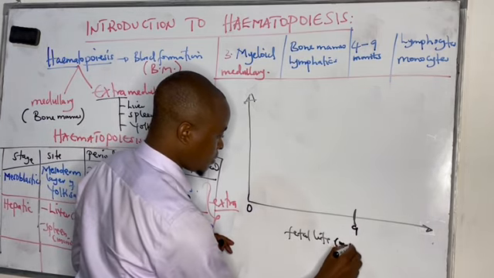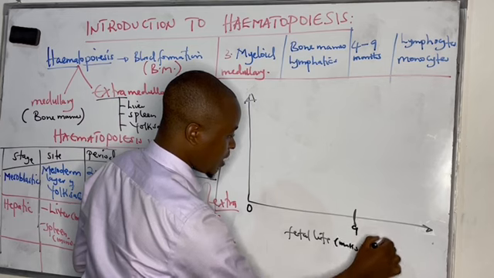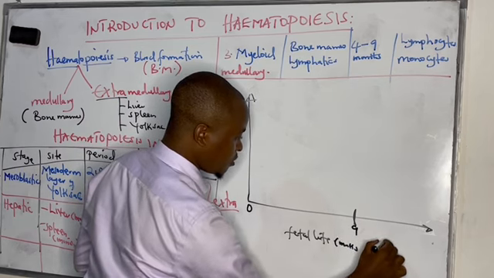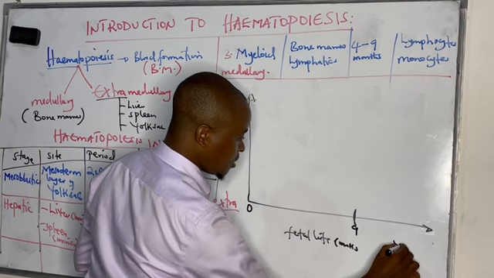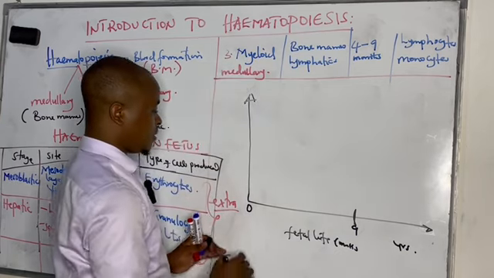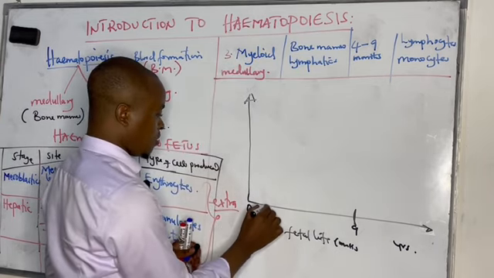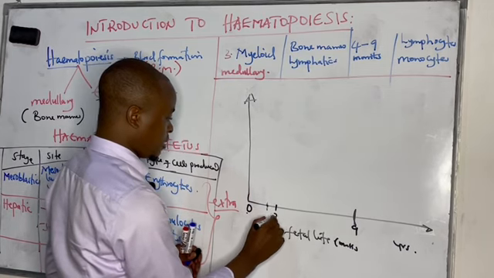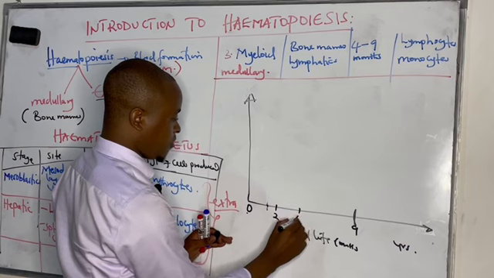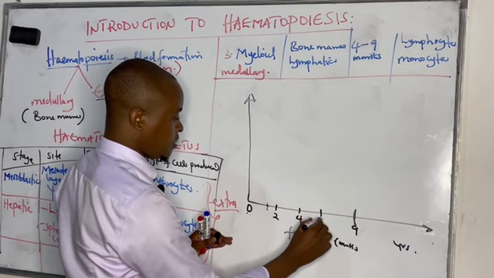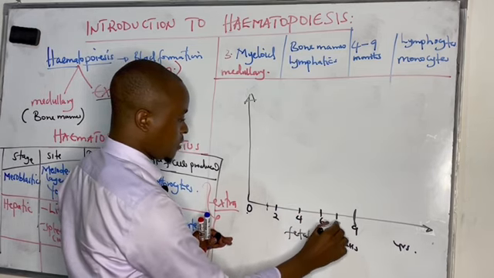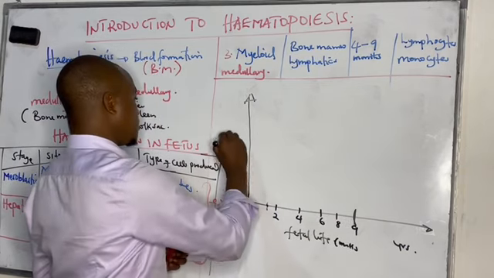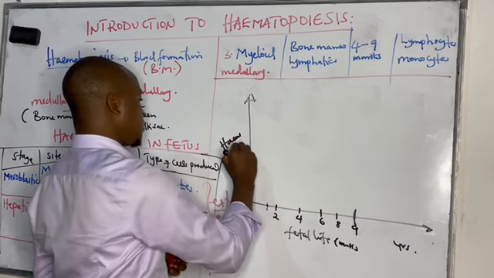This is in months. Then after birth, after term, in childhood, this one is going to be in years. From 0, this is 2 months, this can be 4, this can be 6, then 8, then 9.